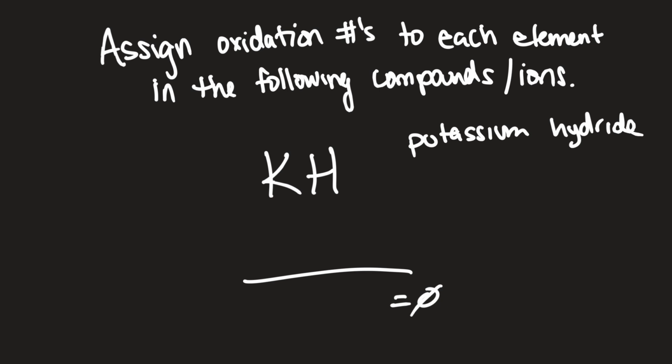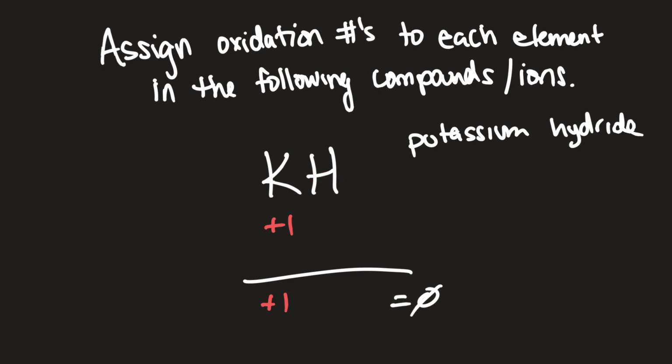Well, we have a metal ion here. When we look at potassium, we just have to look at its charge. Its charge will be its oxidation number. In this case, we know that potassium has a charge of +1. So if potassium has a charge of +1, what must be the oxidation of hydrogen here?